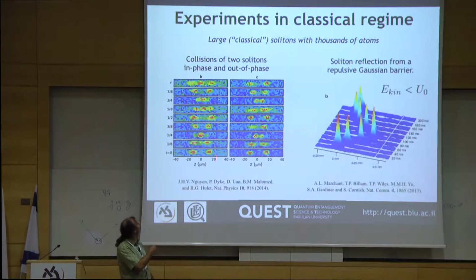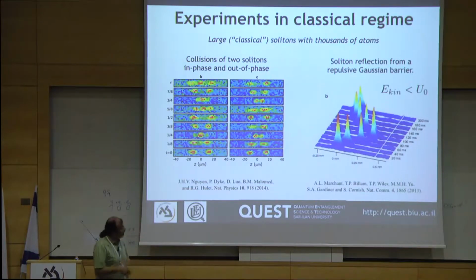In this case, the interference is constructive in the middle. And if you have an out-of-phase collision, where one wave packet is pi phase shifted compared to the other one, they actually repel. They make a repulsive interaction between each other, and there is a minimal fringe in the middle.